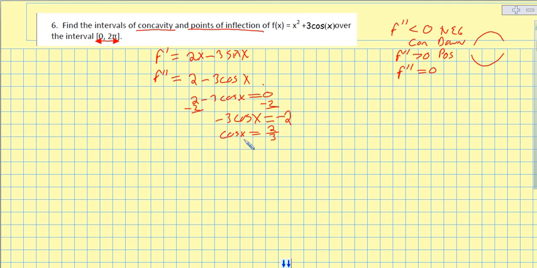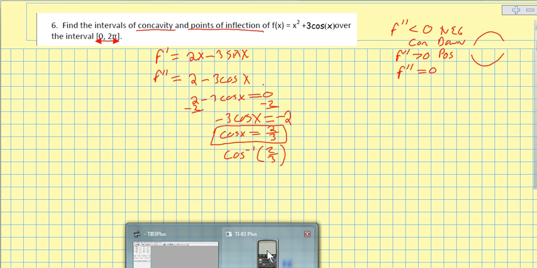So how do we solve for x in this case? That's right, we're going to use arc cosine. So we're going to have to use our calculator to find this, because that's not one of the values that we're responsible for knowing. So let's just punch it up on the calculator and see what we get.